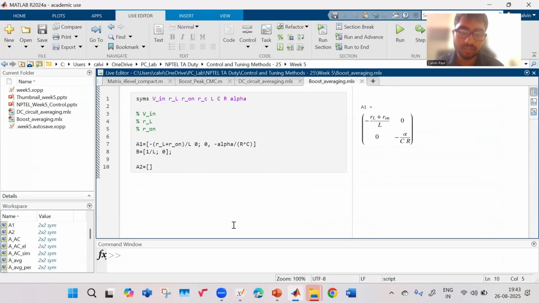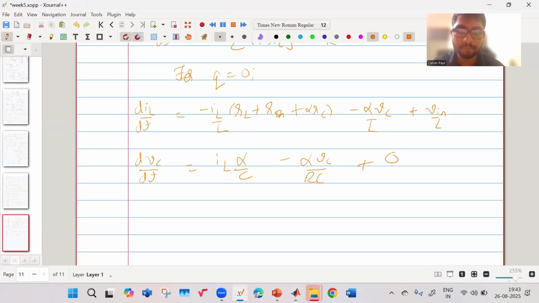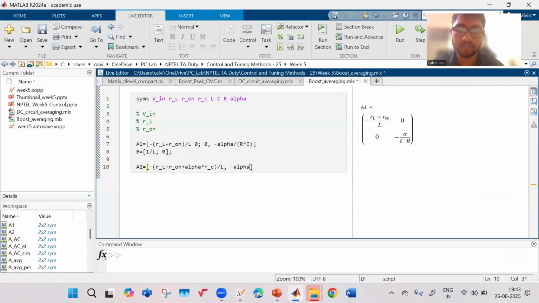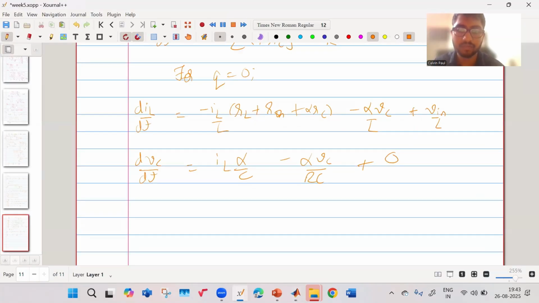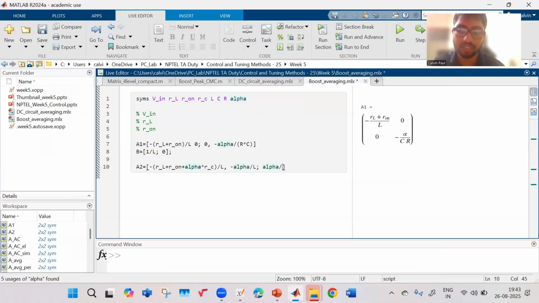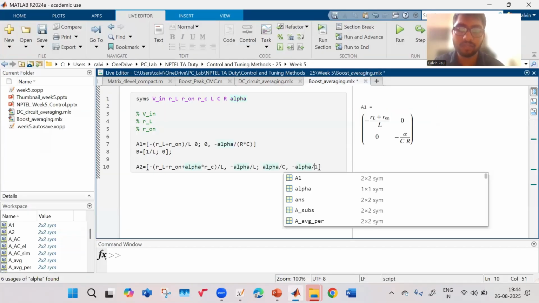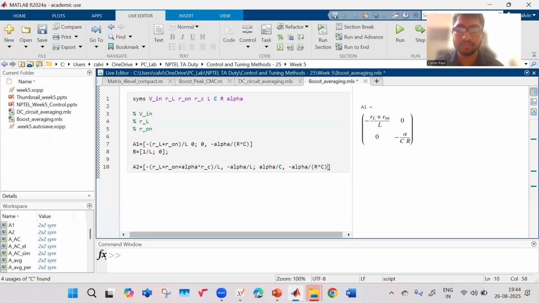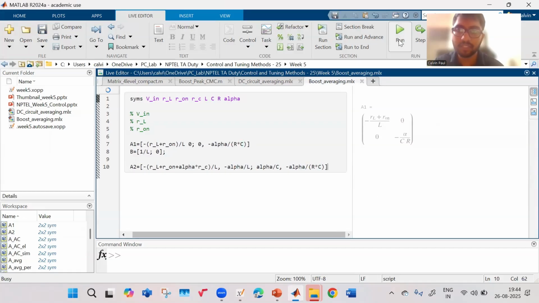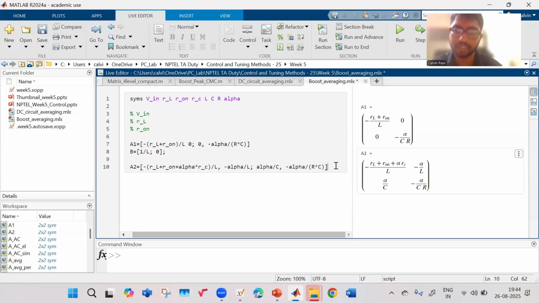So it is minus of RL plus R1 plus alpha into RC by L, comma, minus alpha by L, then alpha by C, comma, minus alpha by R into C. So let me check. This is my A2 matrix, which I've got.